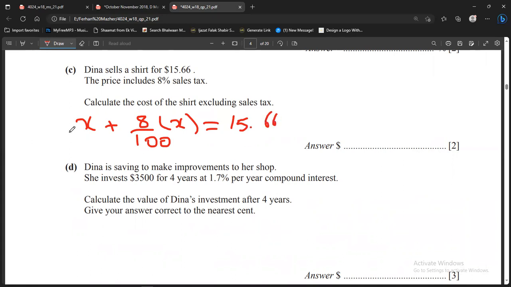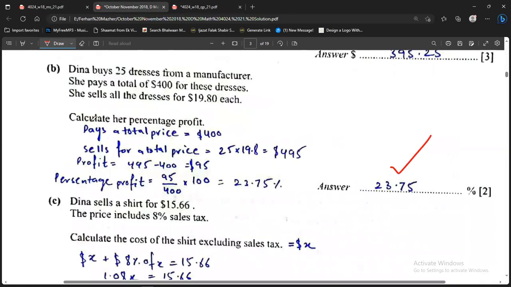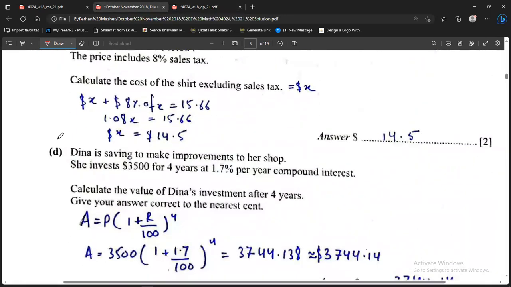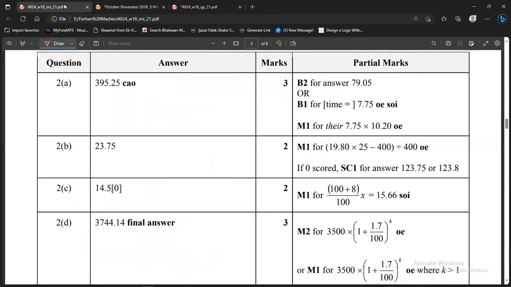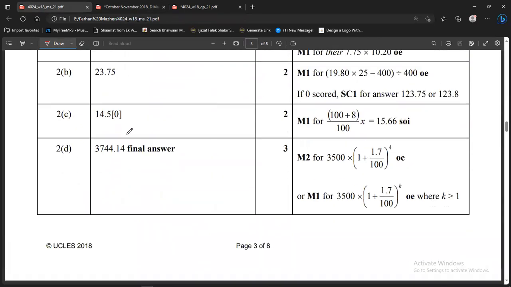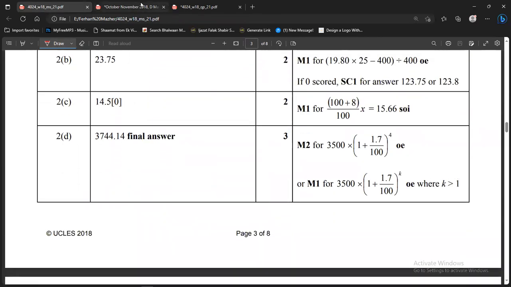Now you can calculate the value of X from here. So X plus 8% of X equals 15.66. This is 1.08X equals 15.66. So X will be equal to 15.66 divided by 1.08, and that will be 14.5. So it will be $14.5. $14.5 is the right answer, sir.